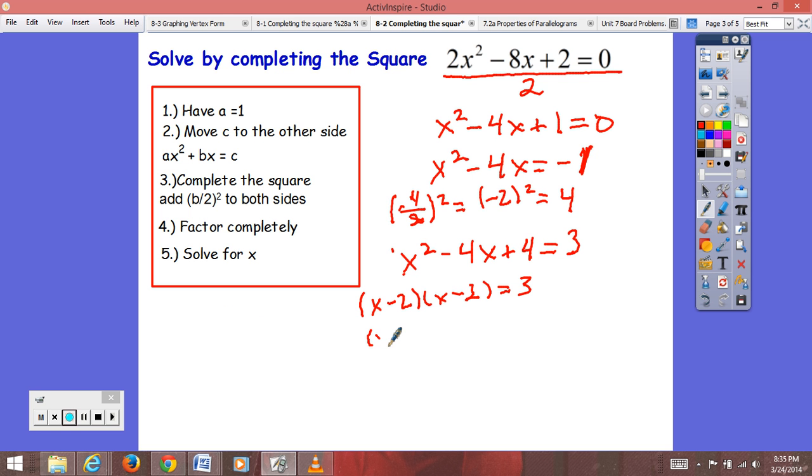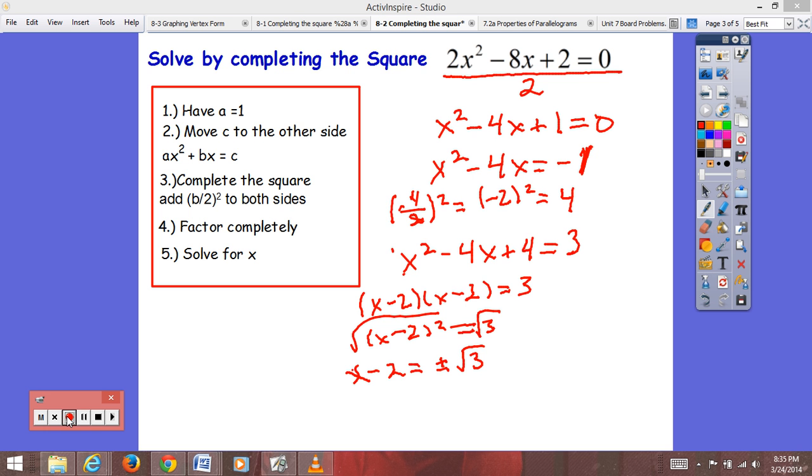Again, we have x minus 2 squared equals 3. Take the square root of both sides. We get x minus 2 equal to positive or negative square root of 3. So we'll have our two answers.